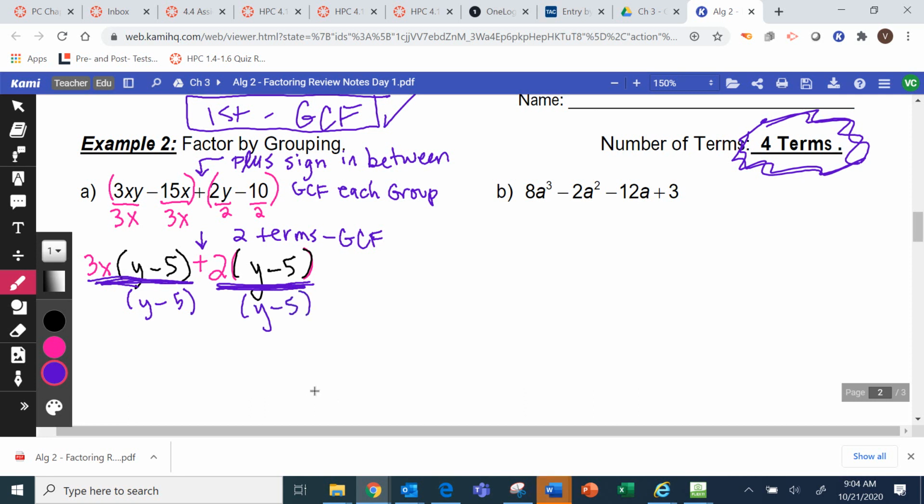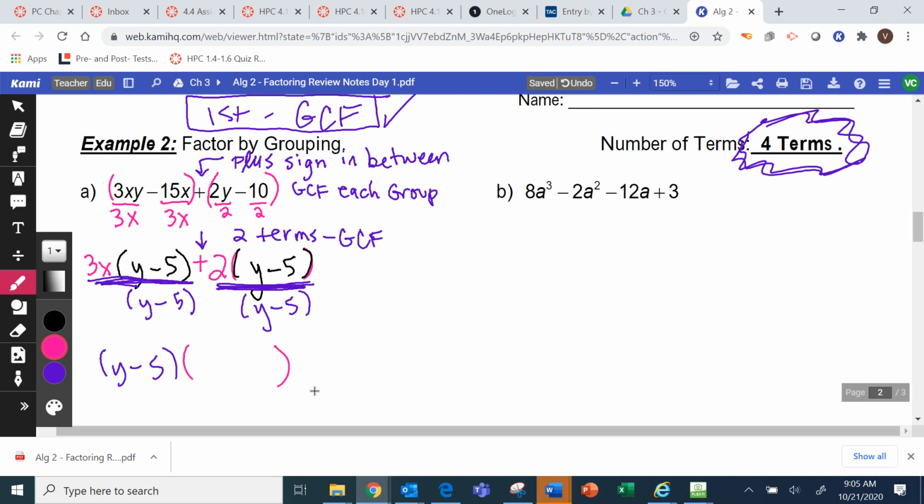And I'm going to undistribute that y minus 5. I'm going to put it in front of a parenthesis. So I undistributed that y minus 5. It's going to go in front of a parenthesis.